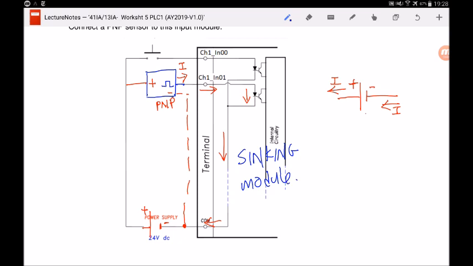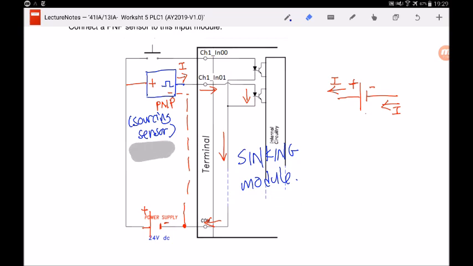And of course, just now earlier I said PNP sensor is a sourcing sensor, right? Sourcing type sensor. So did you manage to see the link between the sensor and the module? If you are using a sourcing sensor, your module must be sinking, okay? One must give and one will accept it.